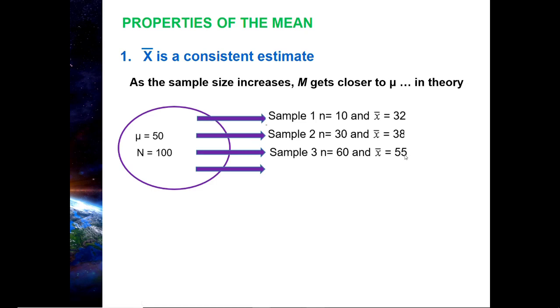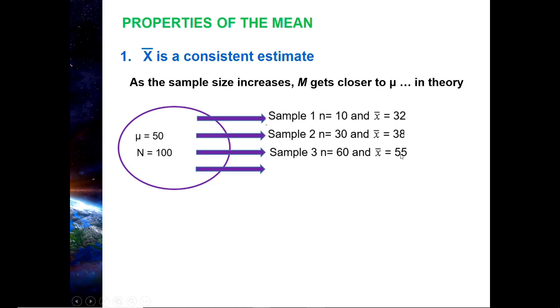Notice sometimes when we calculate an estimate, like these two here, they were underestimates. They came out lower than the actual mean. But for sample 3, we were 5 points away, and this time it was a bit of an overestimate. But we were closer, right? We were only 5 points away. So sometimes when we take an estimate, we're going to get underestimates, and sometimes we're going to get overestimates.